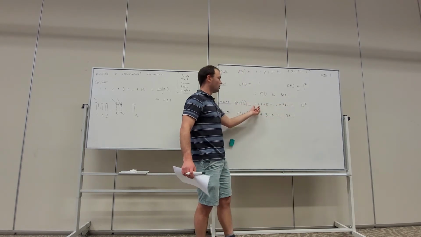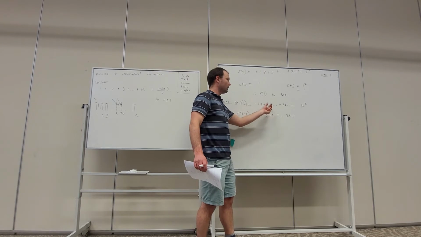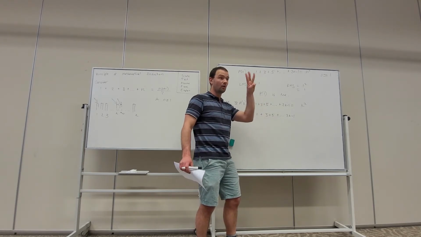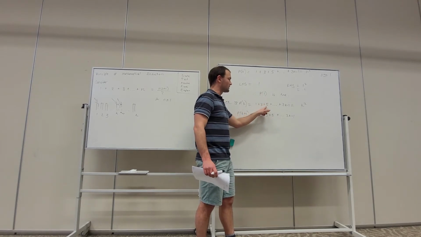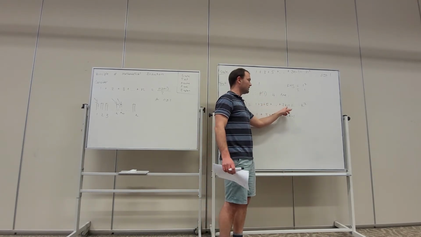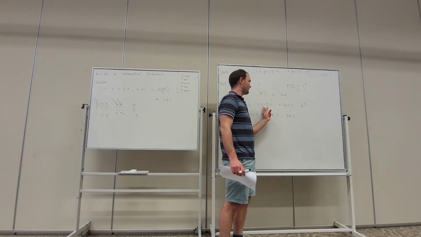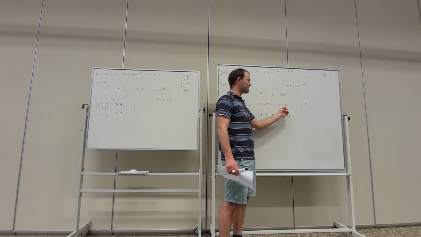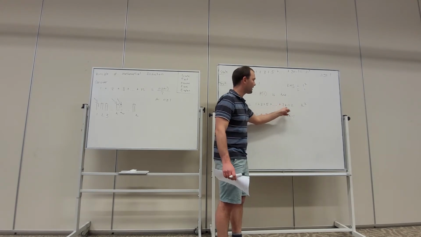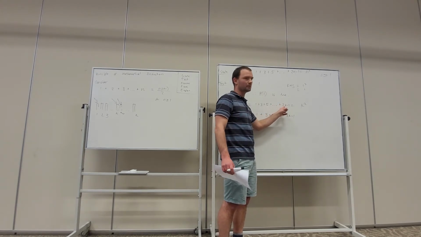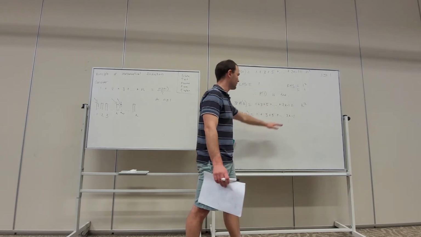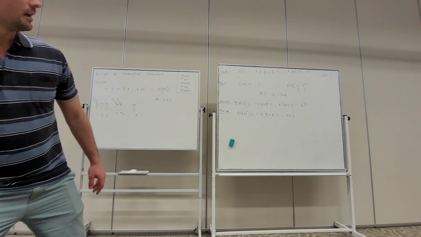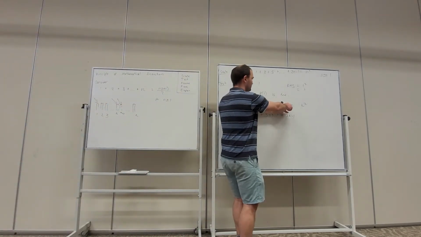All right, so if you think 1, 3, 5, 5 is the third odd term, right? And so if you go 2 times 3, take 1, that's 5. Okay? What about the fourth odd term? 2 times 4 is 8, take 1 is 7. So that formula there is going to be for the kth odd term. It's not just k like it was previously. Okay, so we have plus 2k take 1. So that's P of k.